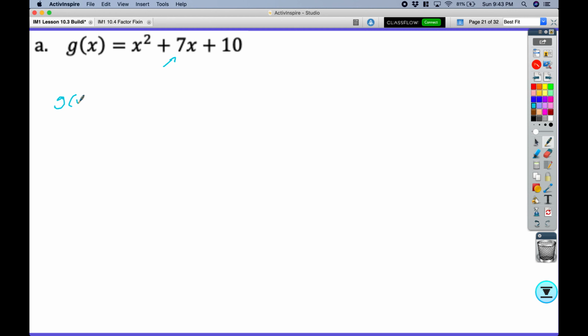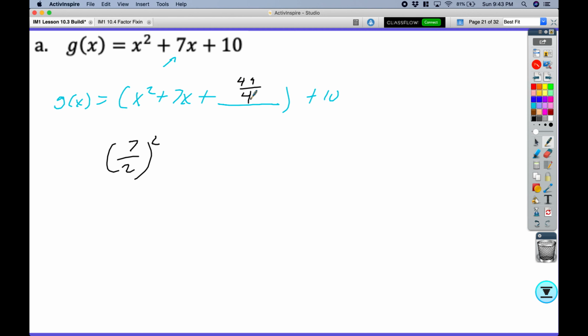So if I'm going to have this problem, g of x is equal to parentheses x squared plus 7x plus this mystery c number to make a perfect square, plus 10. So to get my new c value, I'm going to take 7 divided by 2 and square it. This is going to give me 49 over 4. So since I added 49 over 4, my equation is imbalanced, so I need a minus 49 over 4.